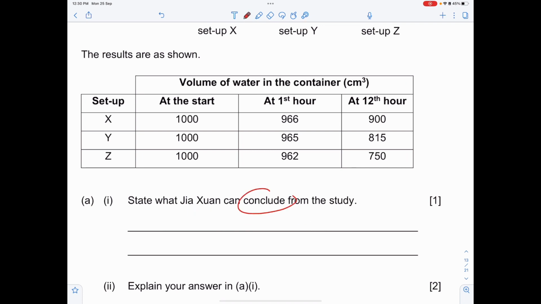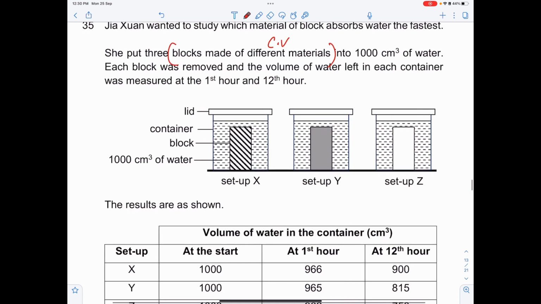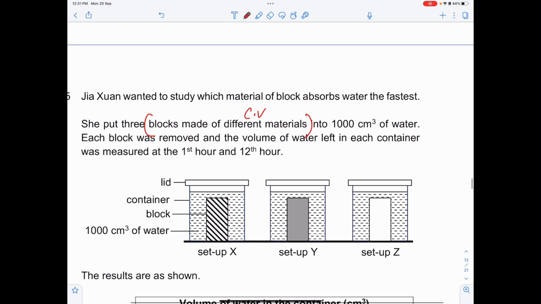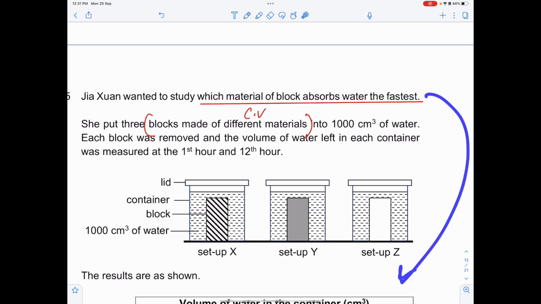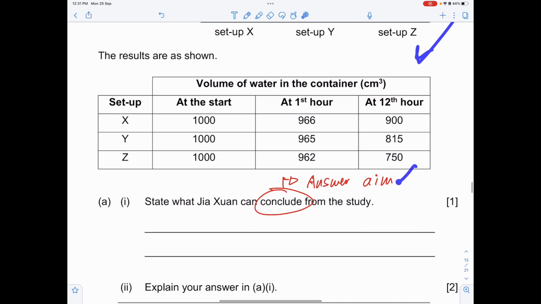Whenever you see the word conclude, it must answer the aim. Look at here: which material absorbs the water the fastest? You need to be able to link this down to the aim. So what can she conclude?